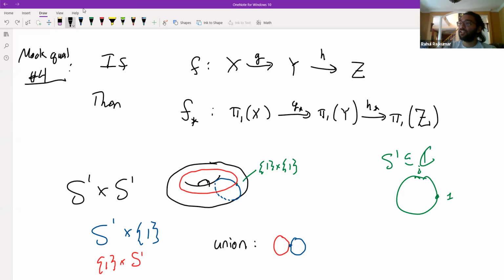I think we explicitly showed at the end of part A, possibly the beginning of part B, that this composition works: when you take a composition and hit it with pi 1, it's the same as taking maps, hitting them with pi 1 and composing them. But we may have talked about it as the functoriality, or that might have been in a different class. I'm not sure where we actually explicitly said pi 1 is a functor.